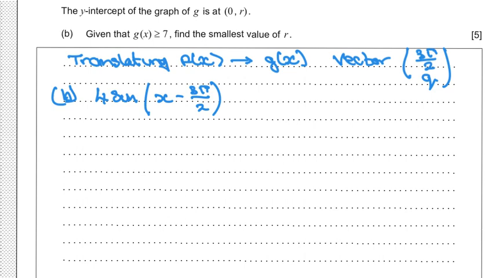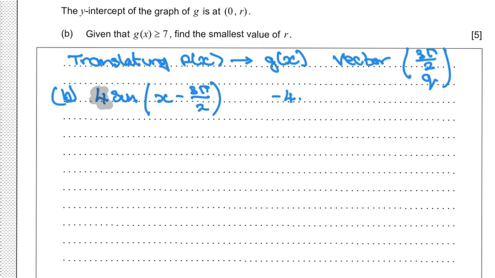From this, I can deduce that the lowest value is minus 4. This is derived from the value 4 at the beginning of the equation. That tells us the amplitude goes from minus 4 to 4.